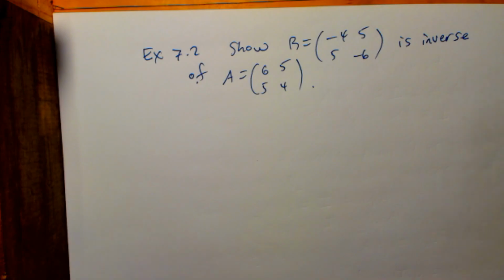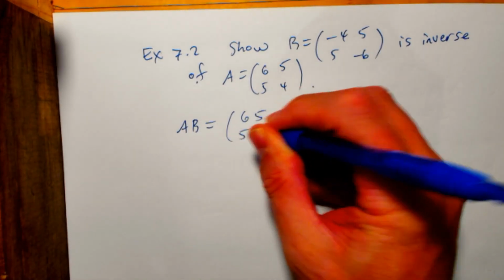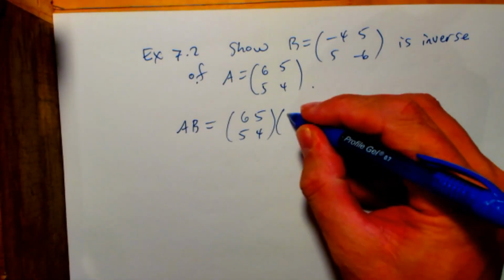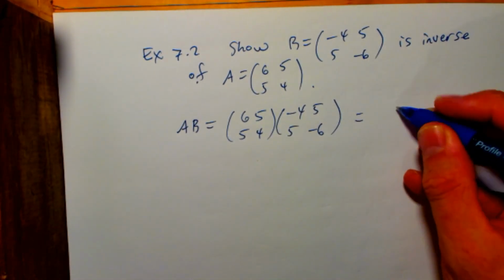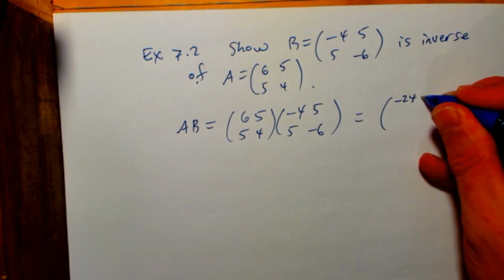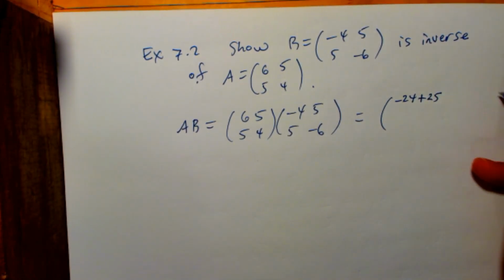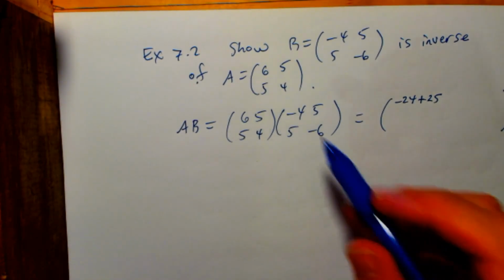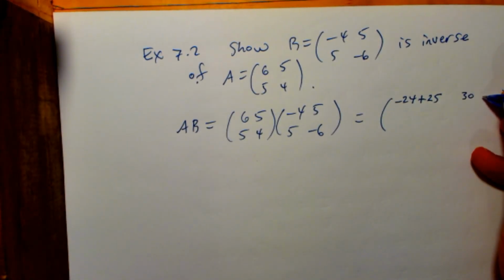result, the identity matrix. So AB is equal to 6, 5, 5, 4 multiplied by minus 4, 5, 5, minus 6, which is 6 times minus 4 is minus 24, plus 5 times 5 is 25, and then we have this row with this column, so 30 minus 30.